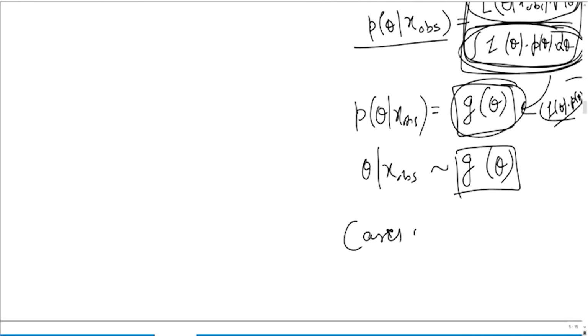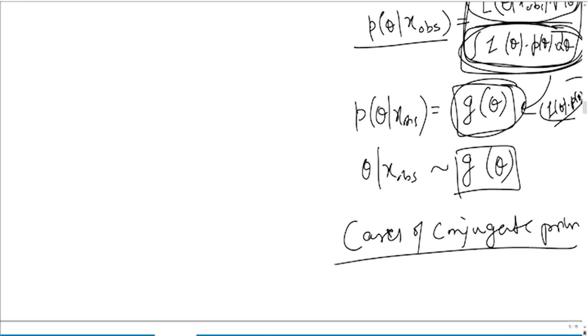In cases of conjugate priors, you will be able to get a proper probability distribution as your posterior. So in these cases, you will be able to analytically derive your posterior distribution.